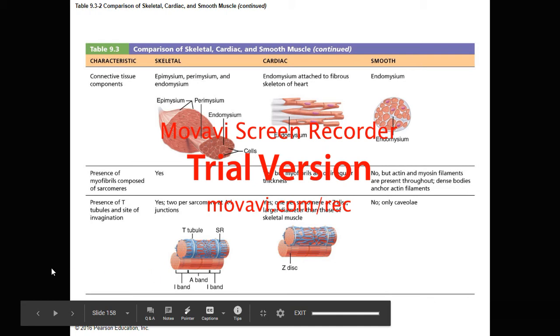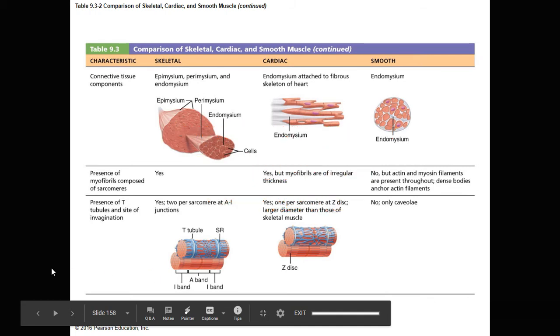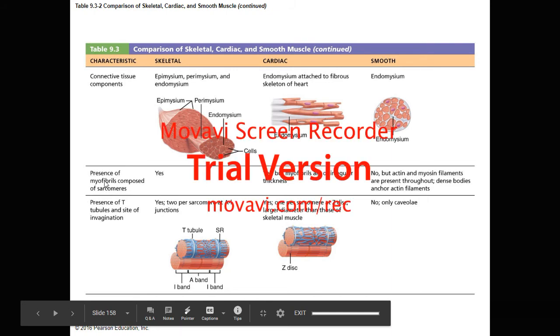And the table talks about other differences between skeletal, cardiac, and smooth muscle. So pretty much the presence of myofibrils composed of sarcomeres. Remember, in your skeletal muscle cell, they call muscle cells fibers because they're long.